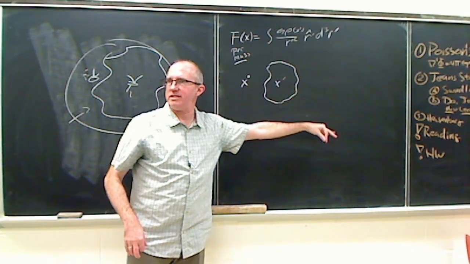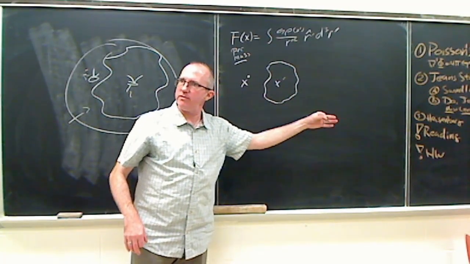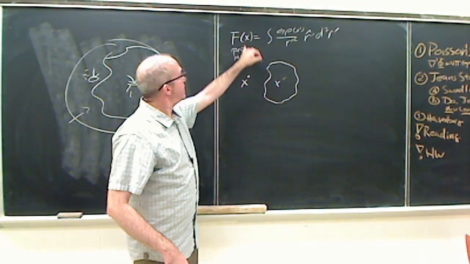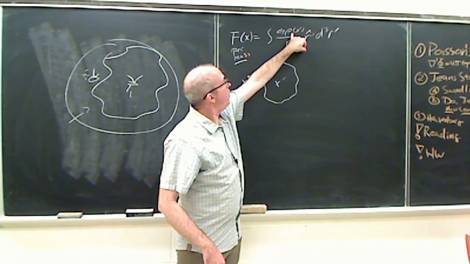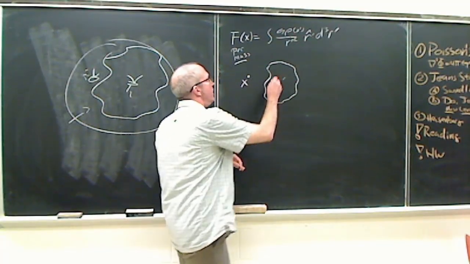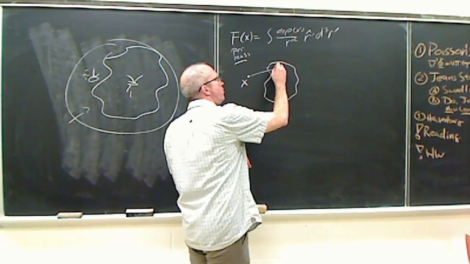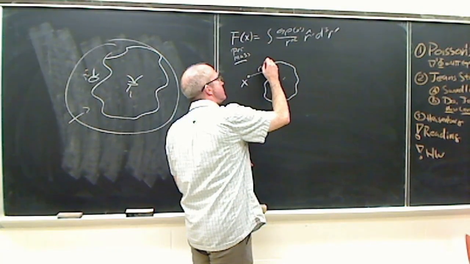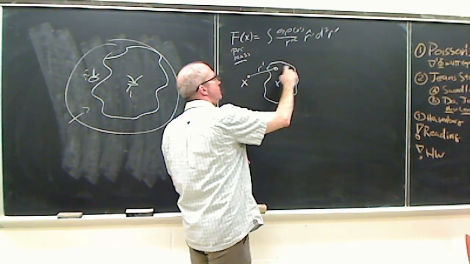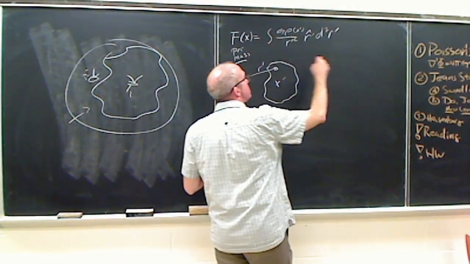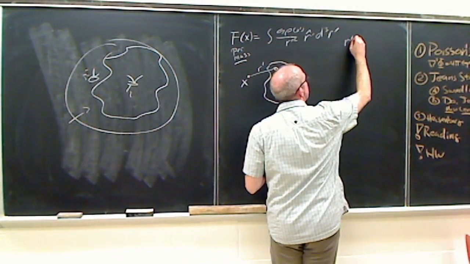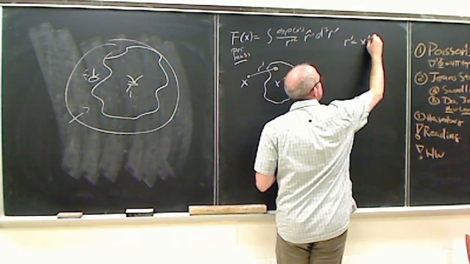There's only one space, it's x. But for the integral, F of x is the point that I get here, and rho and r are the density at a point x prime and the distance between the two points. And now here, you'll notice this missing minus sign. I've defined r prime as x prime minus x.